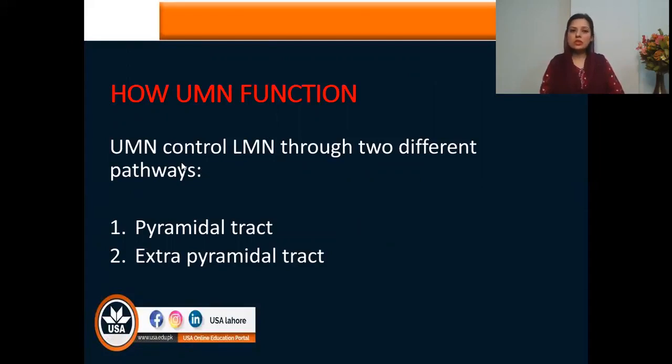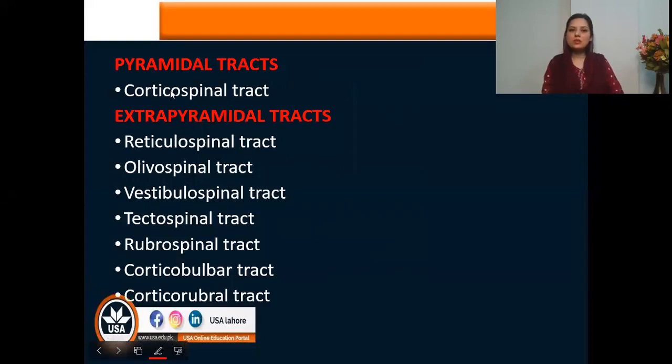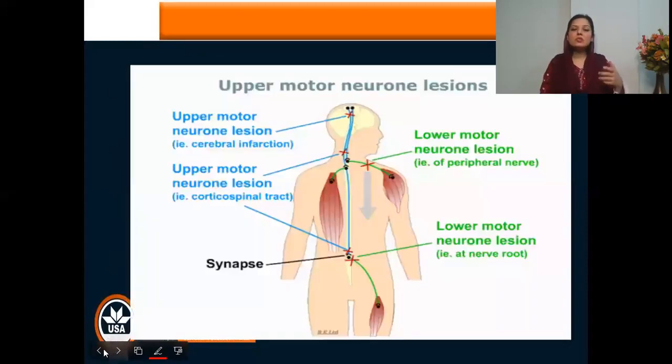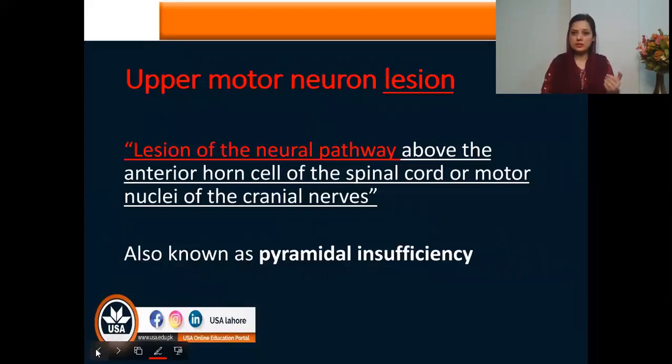Upper motor neurons control the lower motor neurons through two different pathways, the pyramidal tract and the extrapyramidal tracts. The pyramidal tract is the corticospinal tract. The extrapyramidal tracts are the reticulospinal, rubrospinal, vestibulospinal, tectospinal, olivospinal, corticobulbar and corticorubral tracts. You have already studied these in physiology. I was revising so that we can clearly understand what the upper motor neuron is.